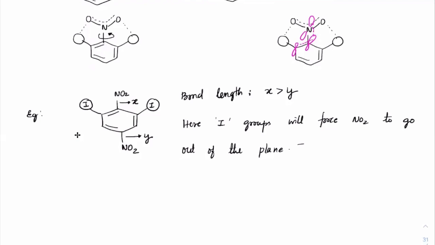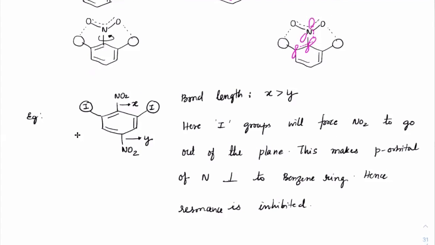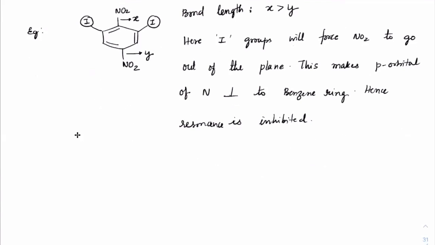Okay, this makes the p orbital of nitrogen perpendicular to the benzene ring. Hence, no resonance. Okay, everybody, I hope you understood that. Let me give a few applications here.